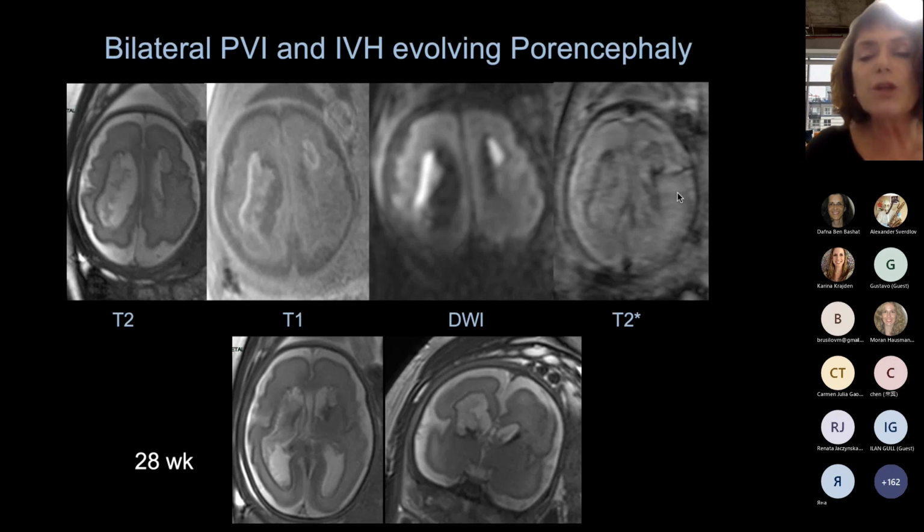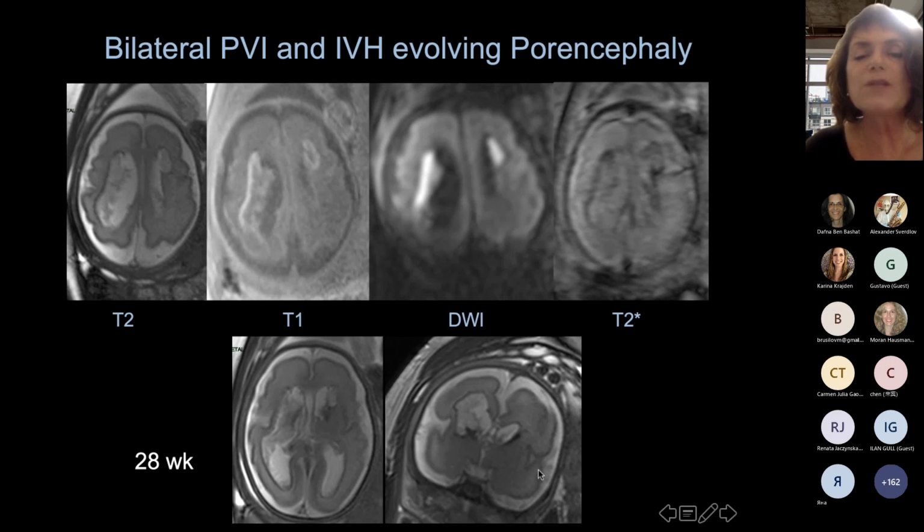Now, of course, the huge cases that we saw before, when you see the complete huge hemorrhages that fill the ventricles, that look like extreme echogenicity on ultrasound. On T2, and T1 and the diffusion and T2 star, you can actually differentiate with a timeline. And this is really important in seeing that they may appear at different times.